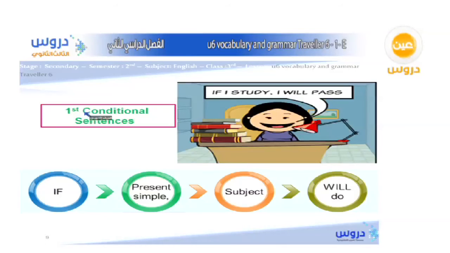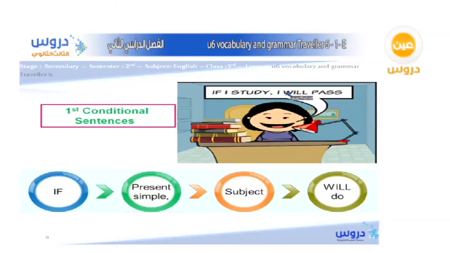Now, the first conditional sentence, type 1: if plus the present simple. We call it the if clause. Okay, plus the subject, and then will, and you need to complete the sentence with the right verb.